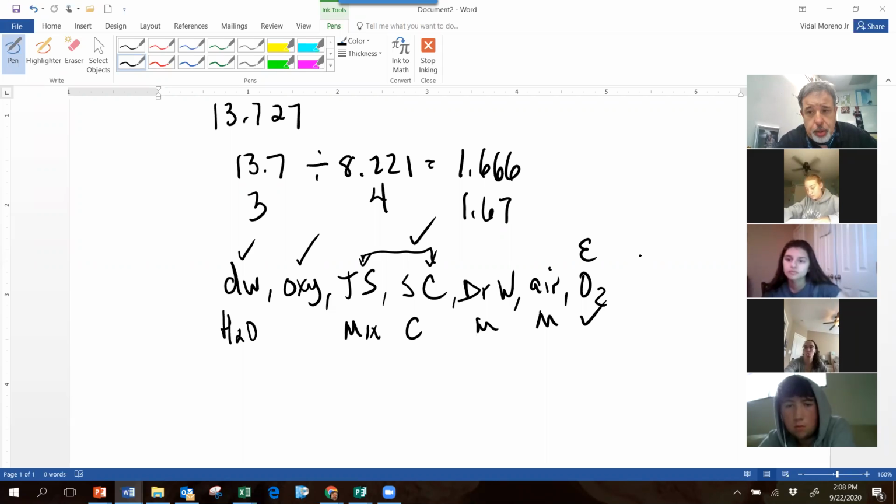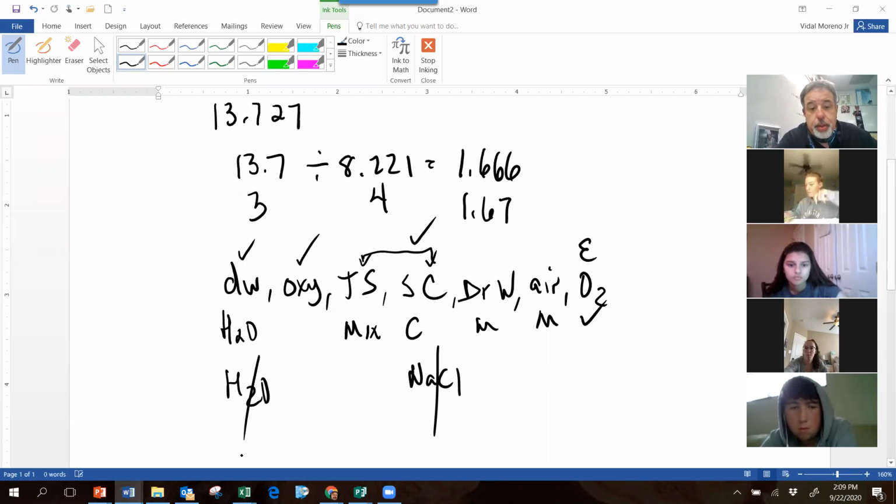And then compounds, you can physically break it down to the simplest molecule, which would be sodium chloride, H2O. Now, you could chemically break them apart into their individual elements, but that still does not mean that it's not a pure substance.